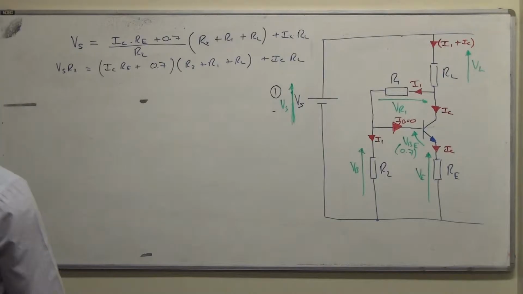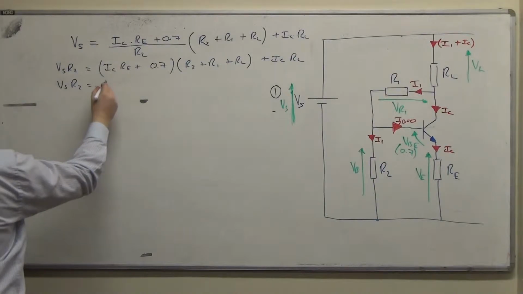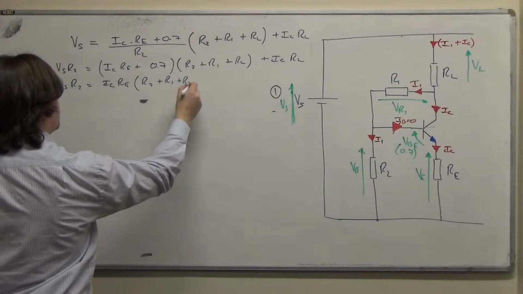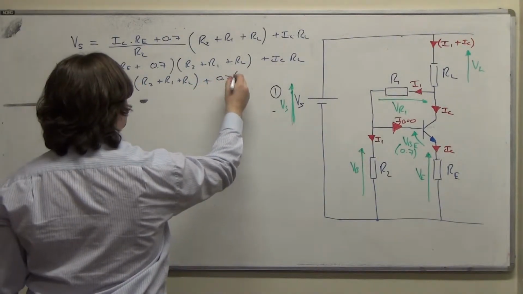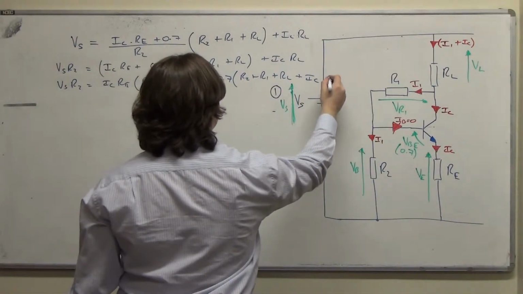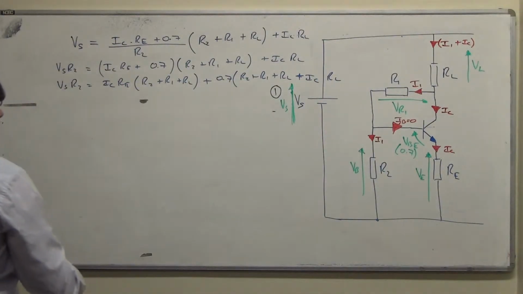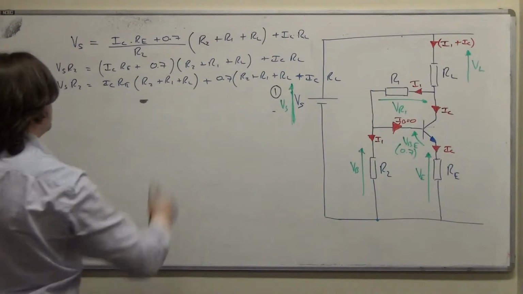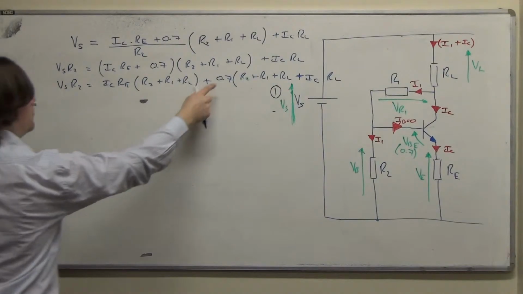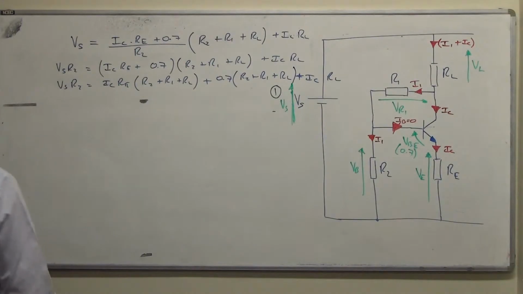Okay, so then we'll have to separate this out, so VS R2 is equal to IC RE R2 plus R1 plus RL plus 0.7 brackets R2 plus R1 plus RL plus IC RL, which is really just not expanding this bracket. I haven't completely expanded it, but I've put this bit twice, so I've got IC on its own with RE and the 0.7s over here. I've missed a bracket there as well, didn't I? And the IC plus RL dropped on the end.